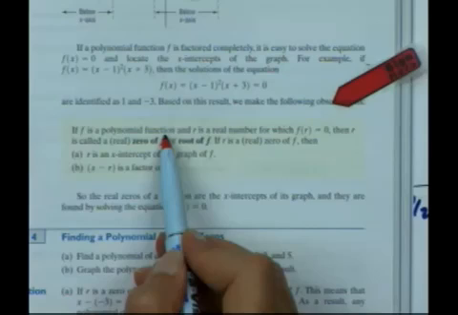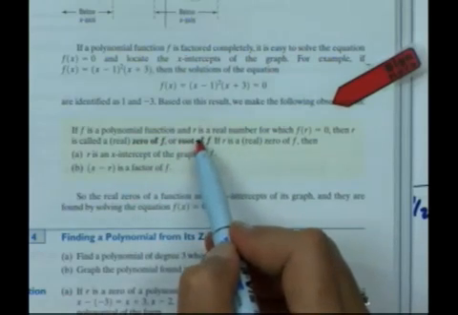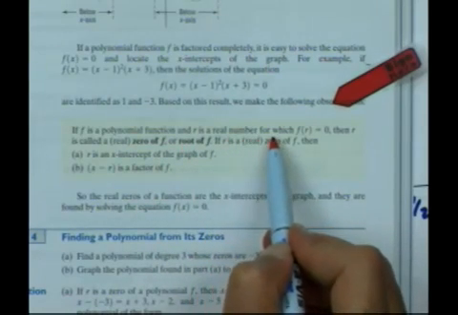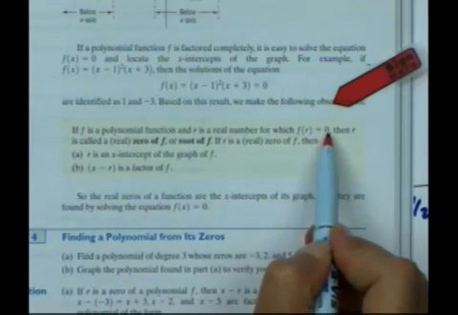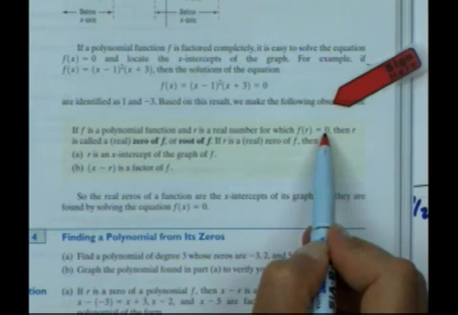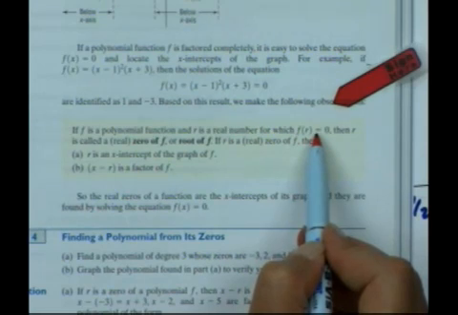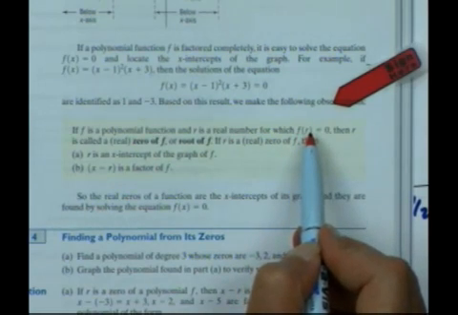All right, so you recognize a polynomial function, and r is a real number for which the value of the function at r equals 0. You're setting your function equal to 0. Remember the example we just did? We set our x squared minus x minus 6 equal to 0.